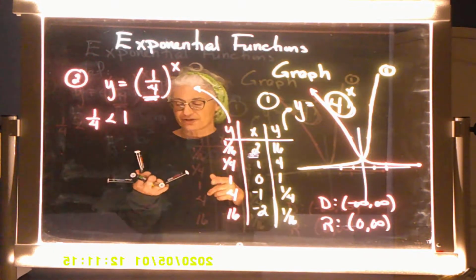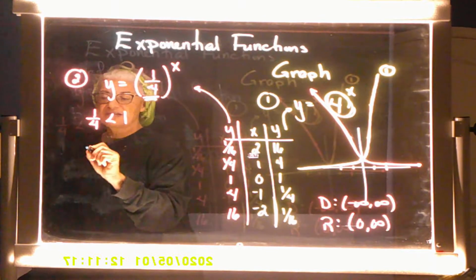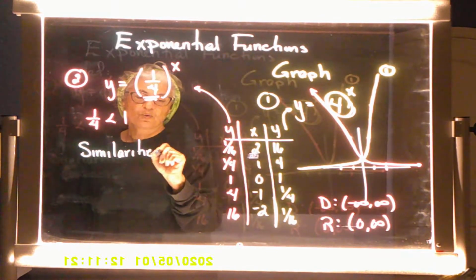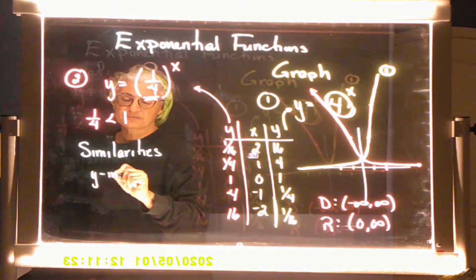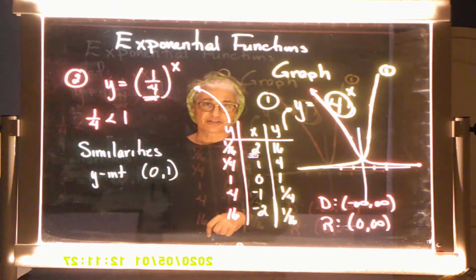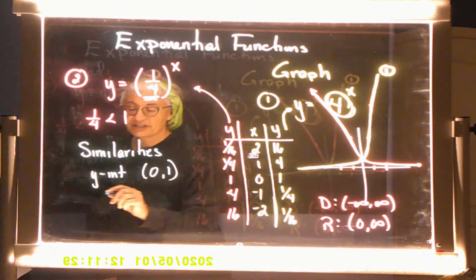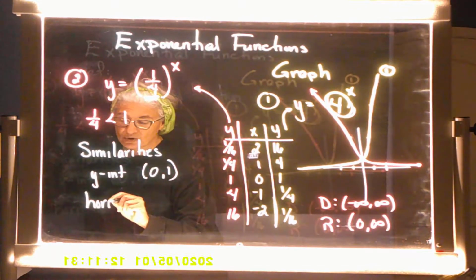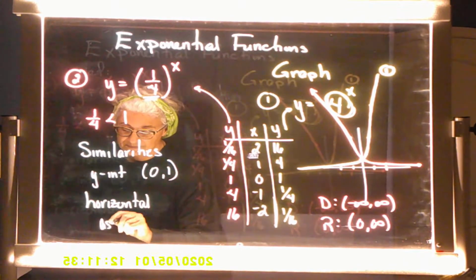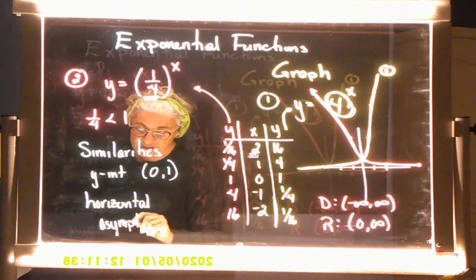Now, similarity. Let's notice similarities. One similarity is the y-intercept. They both crossed at 0, 1. That's a similarity. A second similarity is a horizontal asymptote. And that just means a wall.